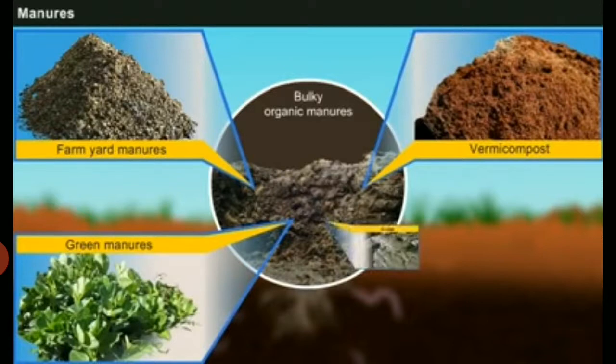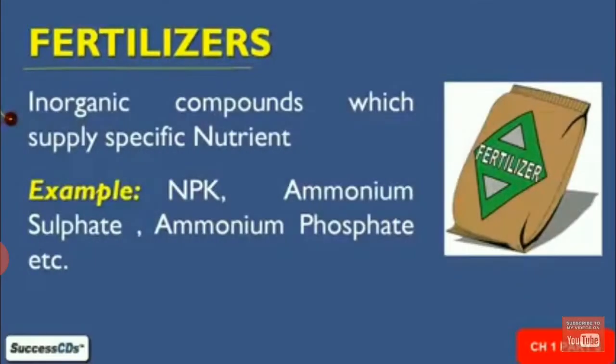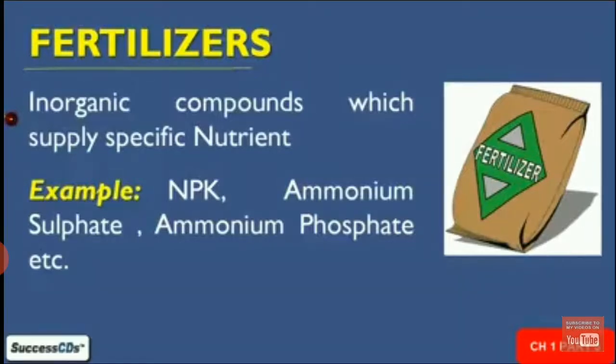Now let us see what fertilizer is and how it is made. Fertilizers are inorganic compounds, whereas manure is an organic compound. Fertilizer is a chemical substance which is rich in a particular nutrient, a specific nutrient.